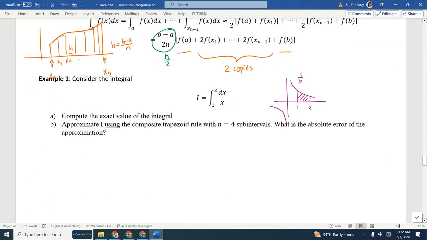Okay, now let's see. Part A, compute the actual value. So the integral from 1 to 2 of dx over x.